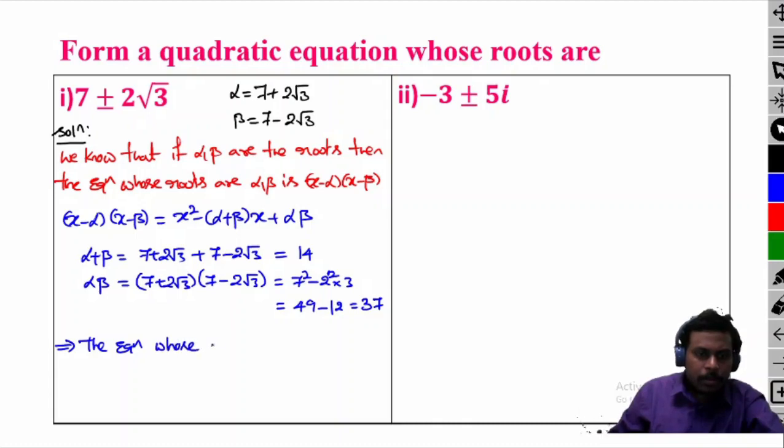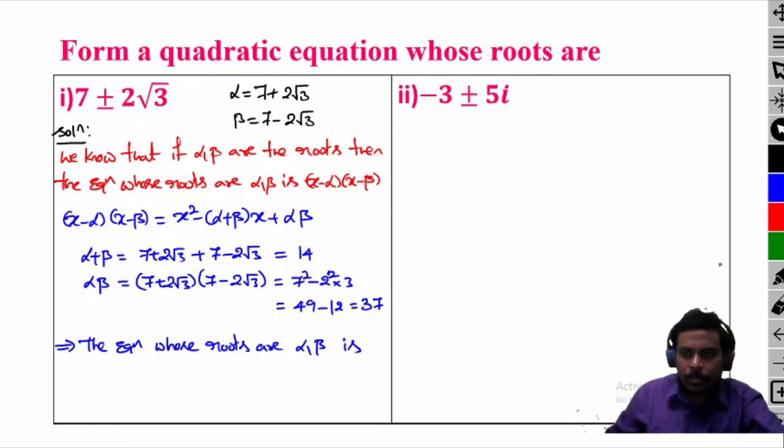So the equation whose roots are alpha comma beta is x square minus alpha plus beta, which is 14, into x plus alpha beta, which is 37, is equal to 0.